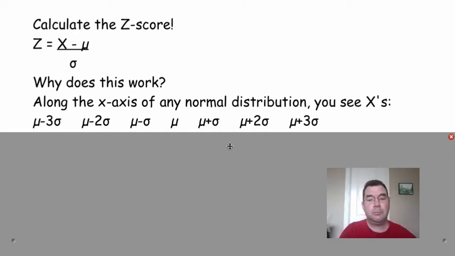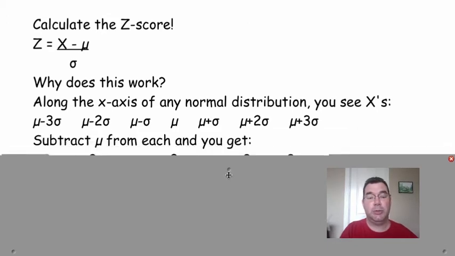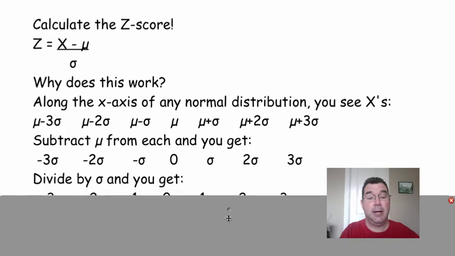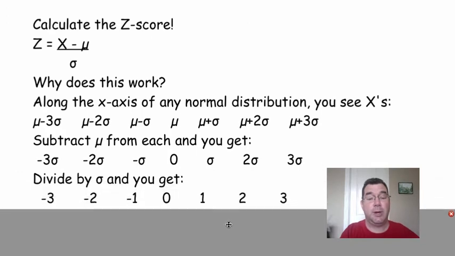So what happens when I subtract mu from all of those is that the mu's simply go away, and I'm left with everything from -3 sigma up to +3 sigma. And then when I divide all of those by sigma, I just get numbers from -3 up to +3. And so it's the same curve, it's just that now all of the x's on the x-axis are numbers from -3 to 3. So I just have to remember this is how to calculate my z-score.